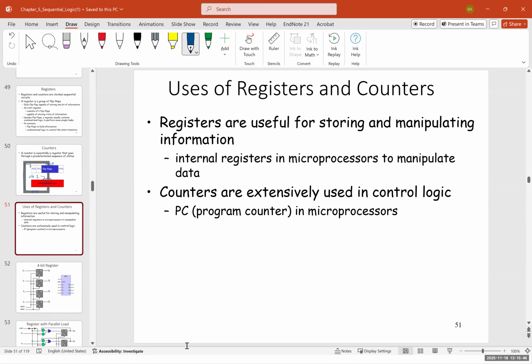Now, some applications of registers and counters. Registers are useful for storing and manipulating information, like internal registers in microprocessors to manipulate data, and counters are extensively used in control logic, for example, a program counter in microprocessors.